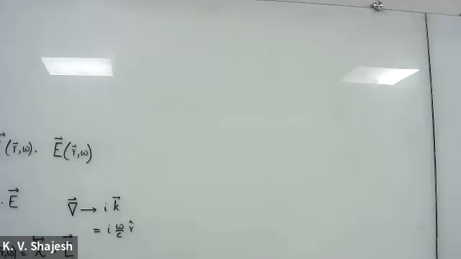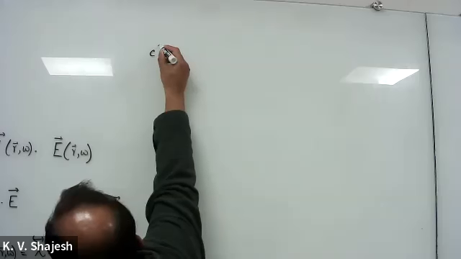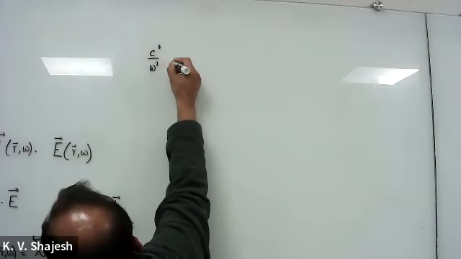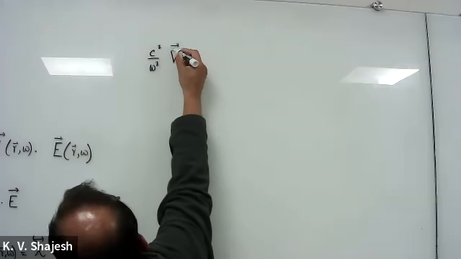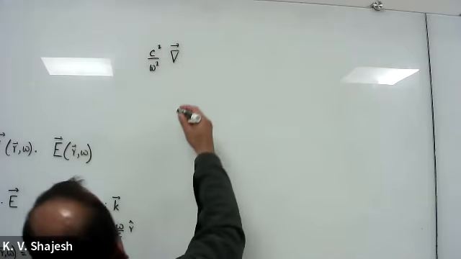Which then put it back in here, remove the divergence there. Now, this is meaning that, so the first term here is c square over omega square times the gradient. This is the divergence of the Green's dyadic, which is nothing but the divergence of the delta function.